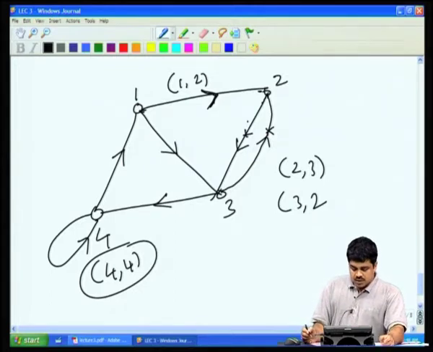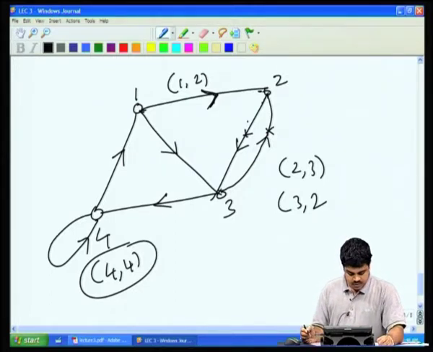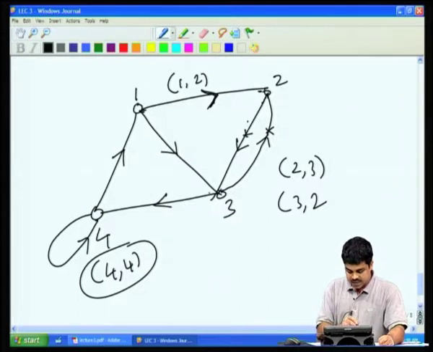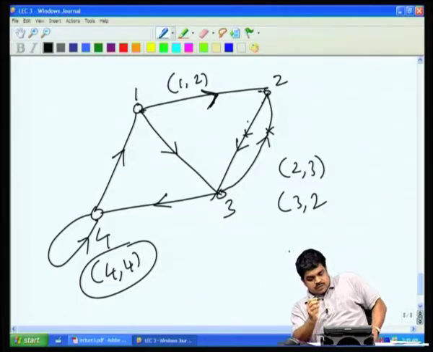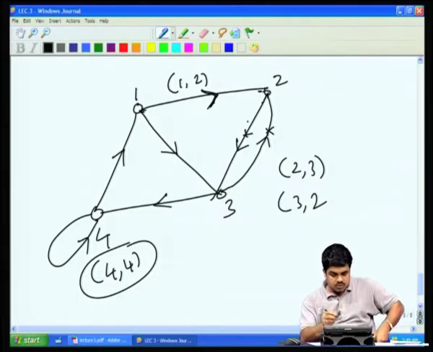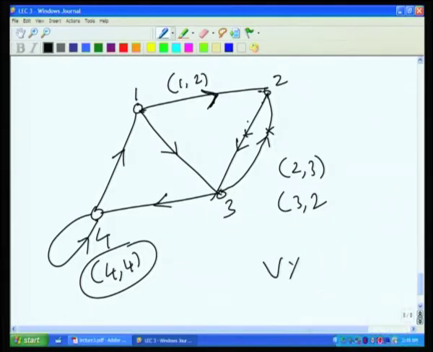Now, once you get a directed graph, you can write down the pairs, and that will be a subset of V cross V. Therefore, it essentially represents a relation.